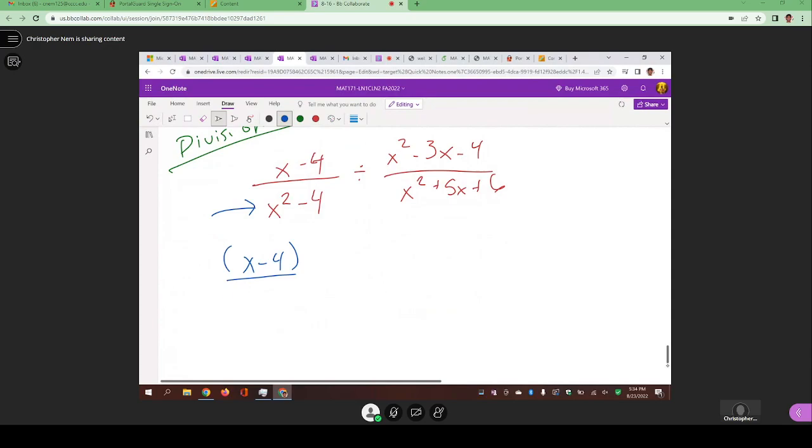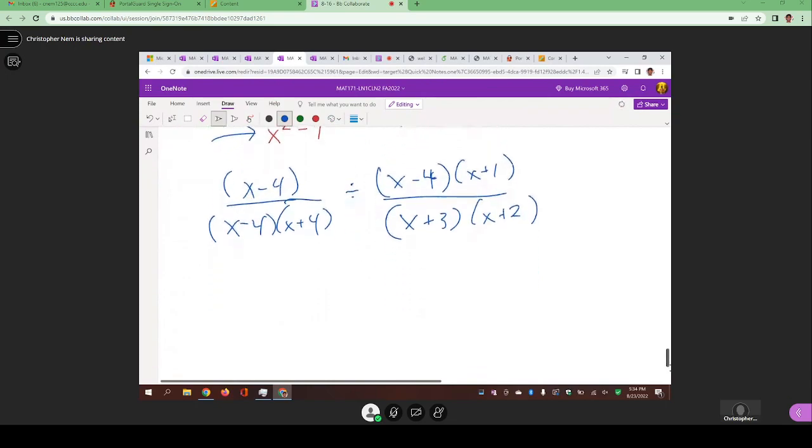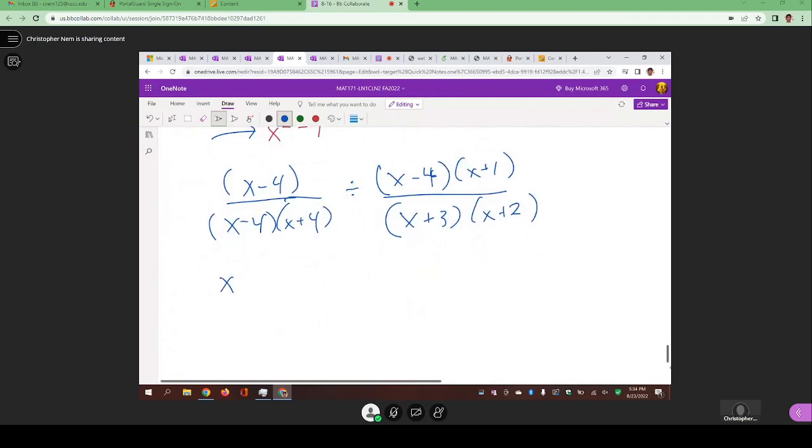So we get x minus 4 times x plus 4, divided by x minus 4 times x plus 1, all over x plus 3 times x plus 2. This is what you should get when you factor it out. Eventually, you will get very comfortable with factoring. Now that I have that, I turn division into multiplication.